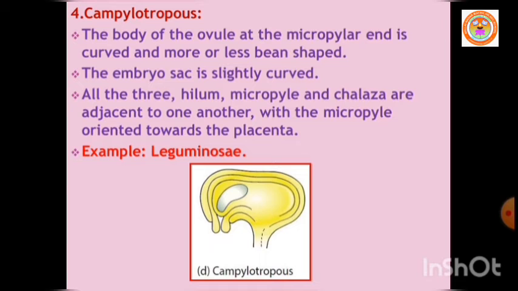The micropyle is oriented towards the placenta. Placenta is generally the tissue which connects or attaches ovules on the ovary. This campylotropous ovule is commonly seen in Leguminosae members.